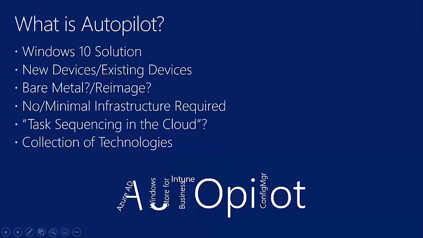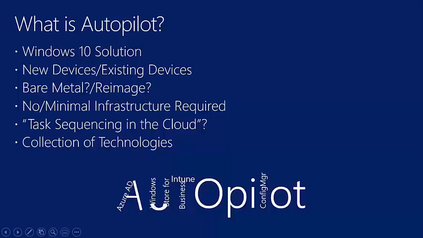But anyway, that's where it stands differently from traditional imaging. So another really cool thing about Autopilot, there's no to minimal infrastructure required. What does that mean? Autopilot is cloud-centric. So we use various cloud services in bringing the Autopilot experience together. Autopilot itself is the cloud service.